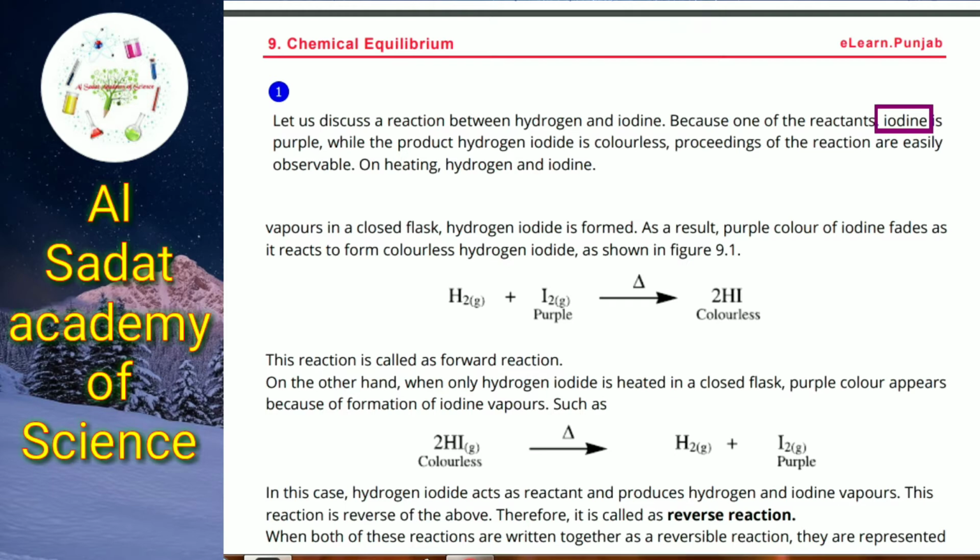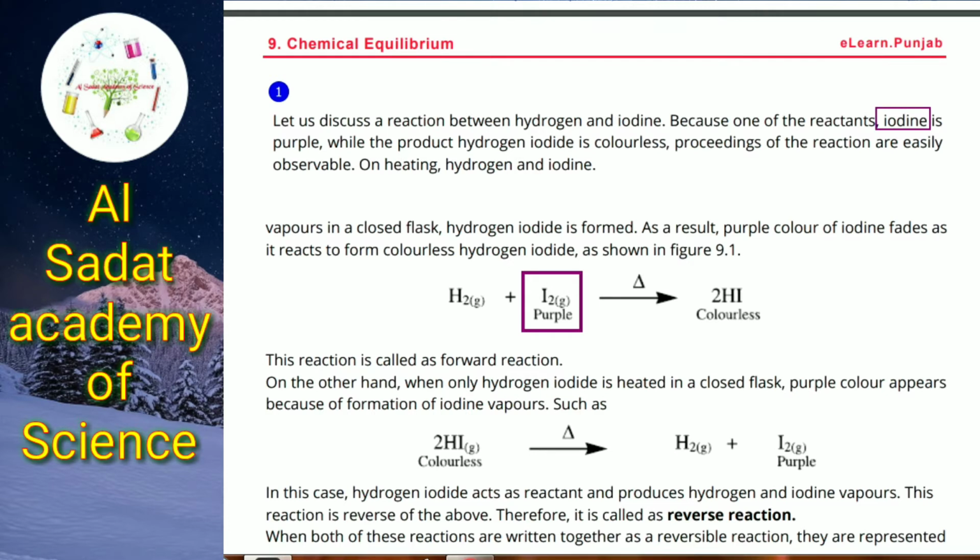The reactants, hydrogen and iodine, are both gases, and the product, hydrogen iodide, is also a gas. Two gases combine to form one gas. Hydrogen and iodine combine to form hydrogen iodide.